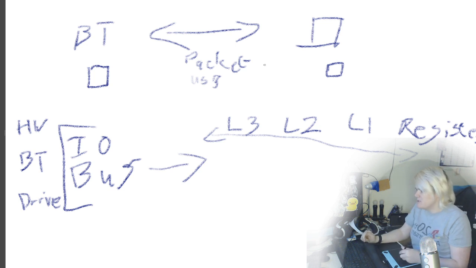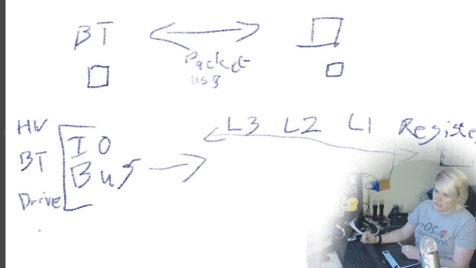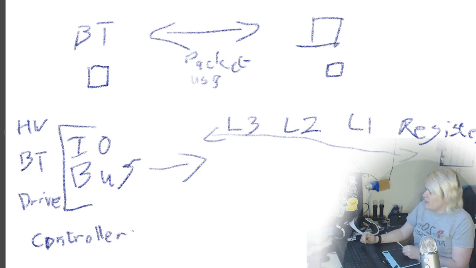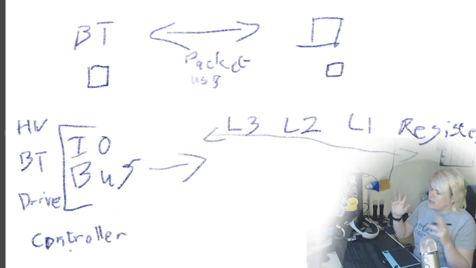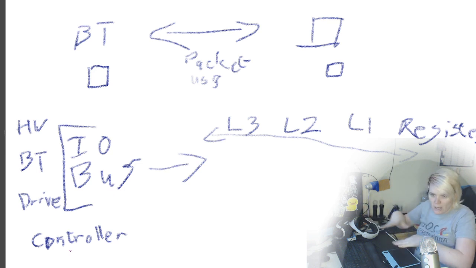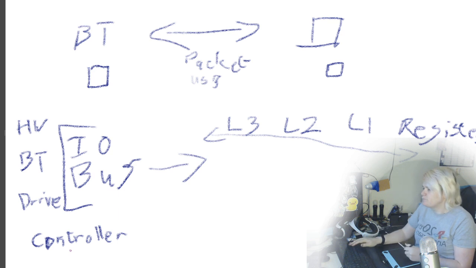I don't want to go too much into specifics, but that's not the full story, because what will actually happen is on your I/O bus you will have your device registered. So your controller will be one of the devices that is registered here, and the Bluetooth will come through and it'll have a device ID or a communication ID in a very low layer of the hardware and the firmware, and it'll pipe through there.